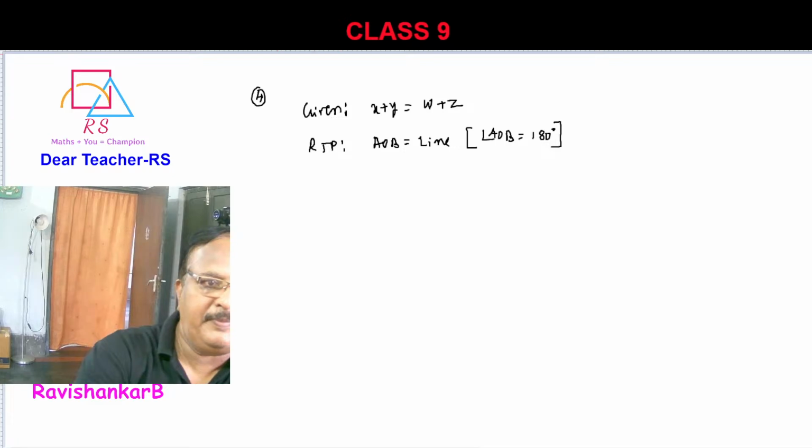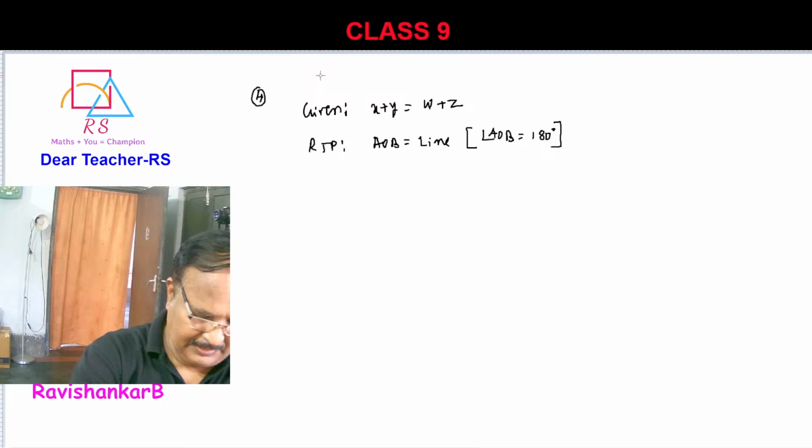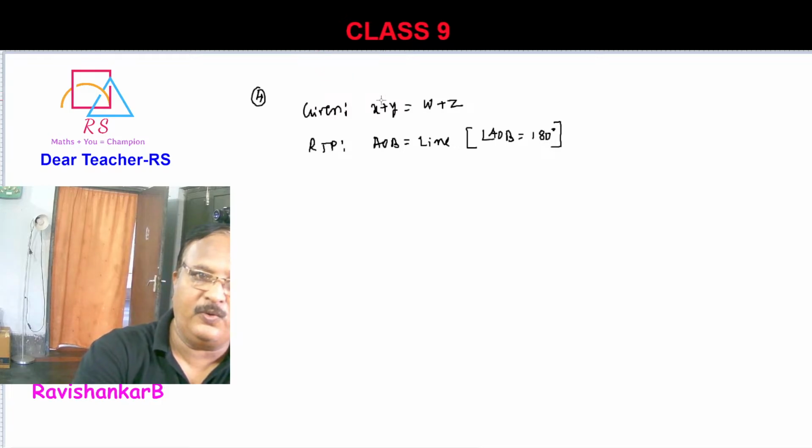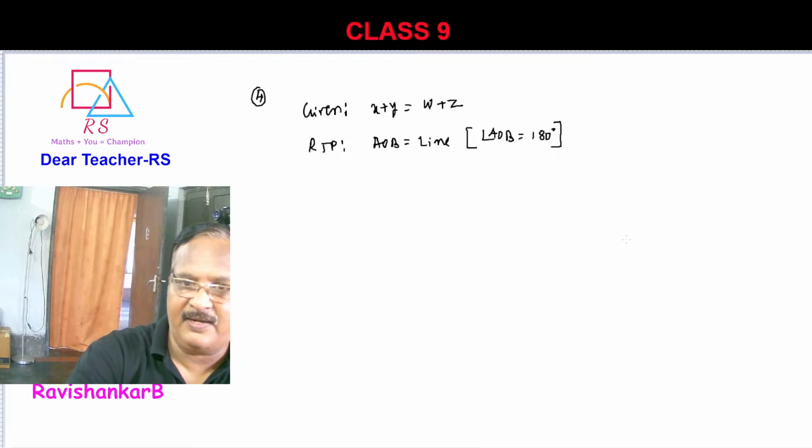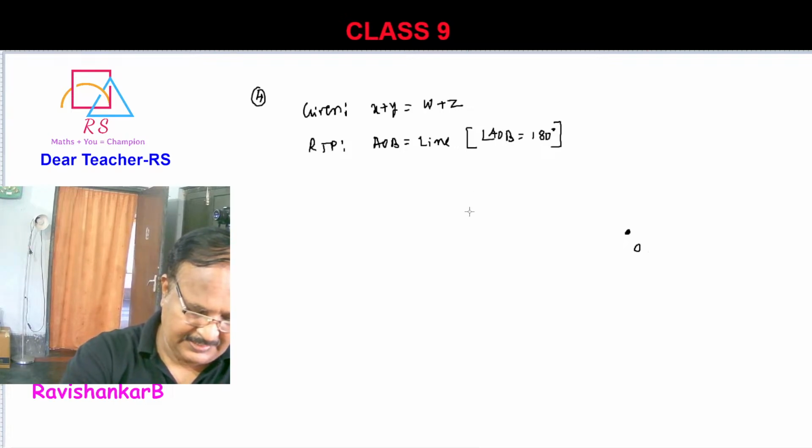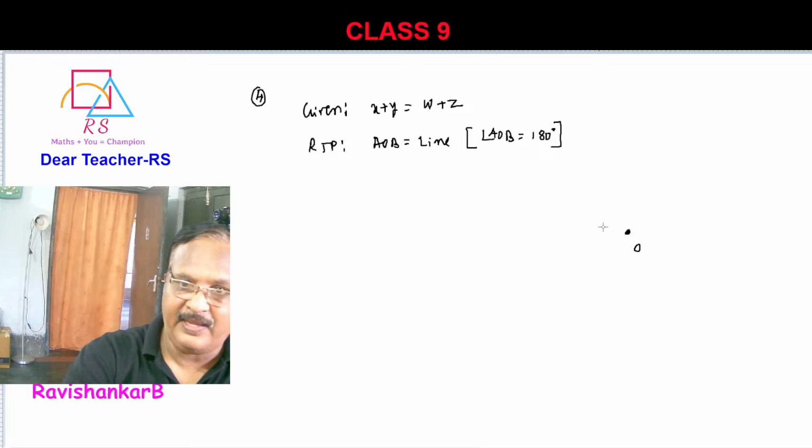So now let me draw the figure. AOB is looking like a line. It is not a line. So he started from the point O. Okay, this is the point O. Let me draw one by one. So first he has drawn OA. This is OA like this.